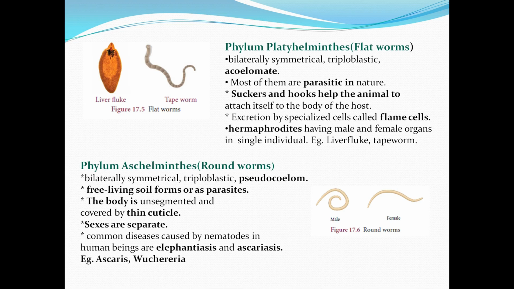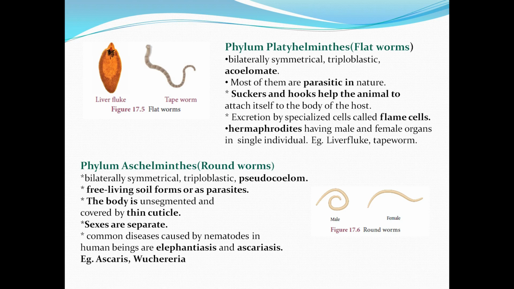Most of these organisms are parasitic in nature. They have suckers and hooks that help the animal attach itself to the body of the host. They excrete by specialized cells called flame cells. These organisms are hermaphrodite, meaning they have male and female organs in the same individual. Examples are liver fluke and tapeworm.